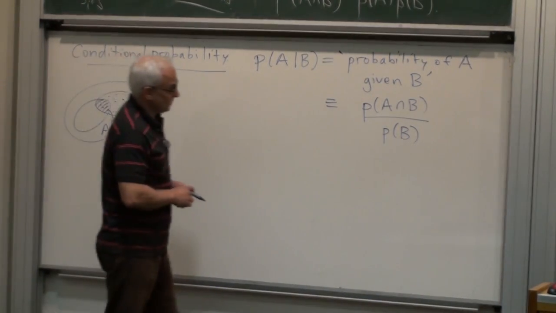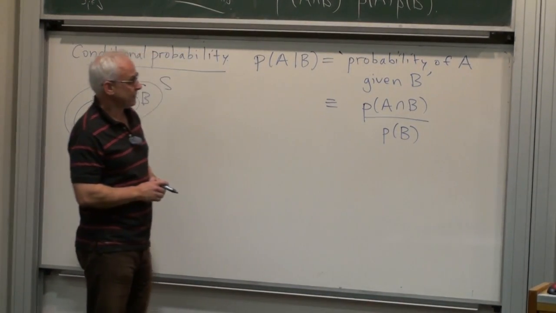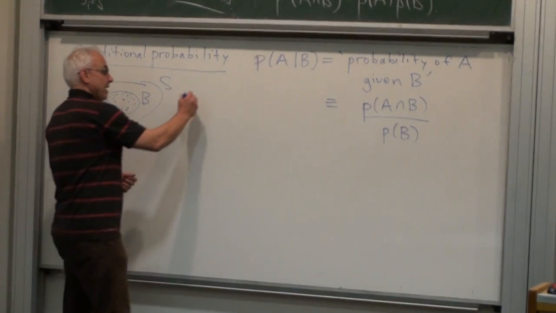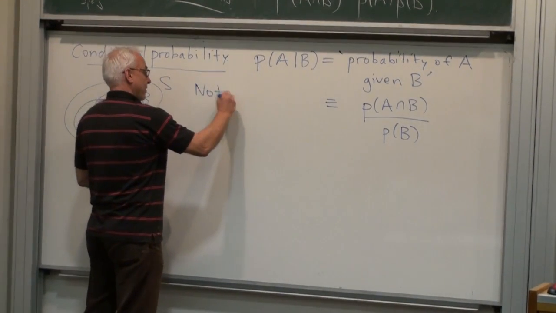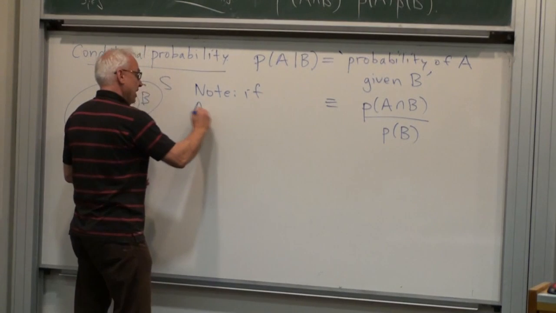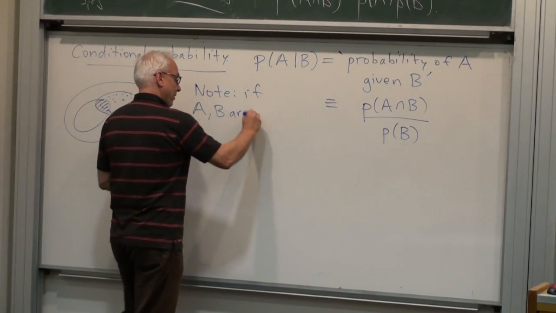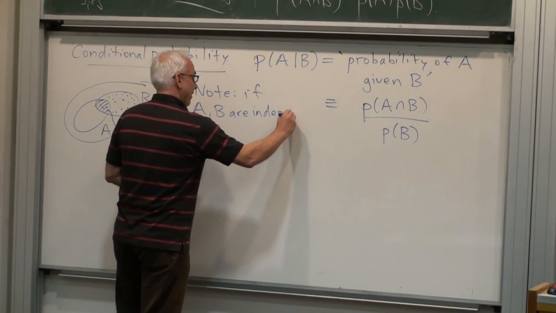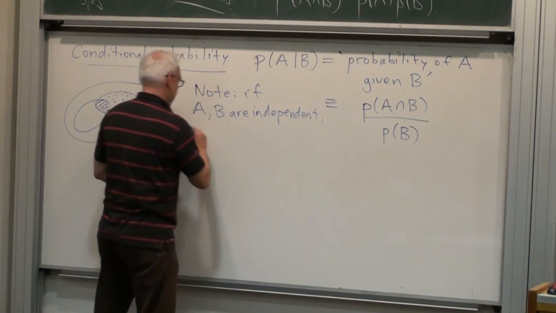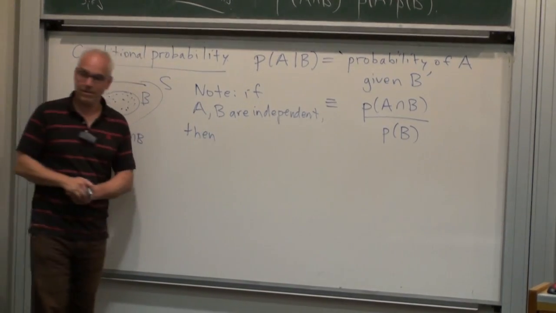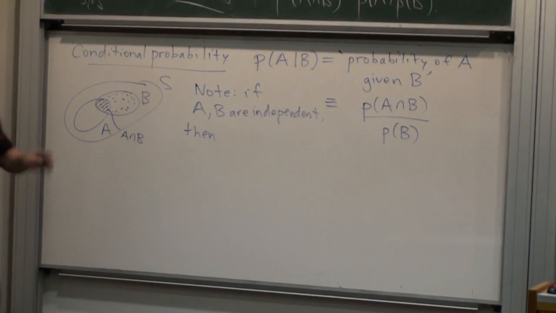So an obvious observation is that if A and B are independent, then this conditional probability simplifies.